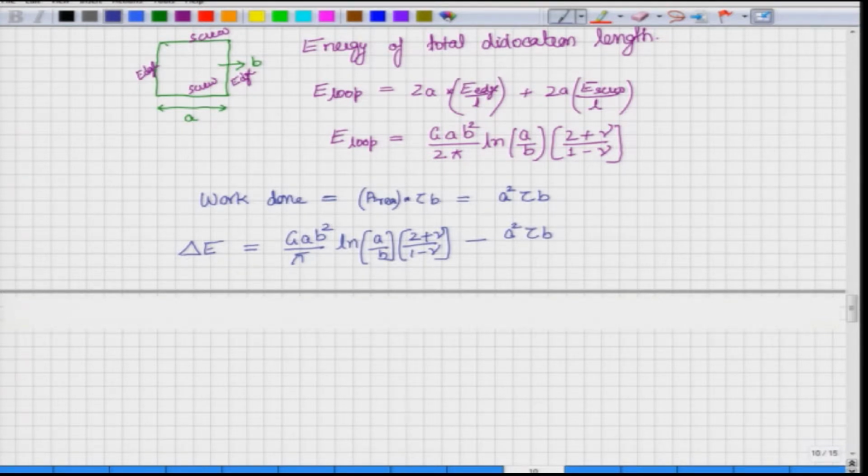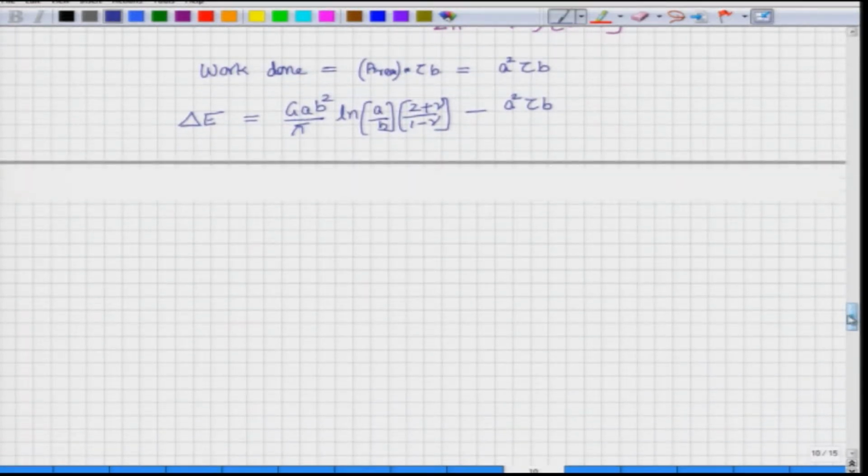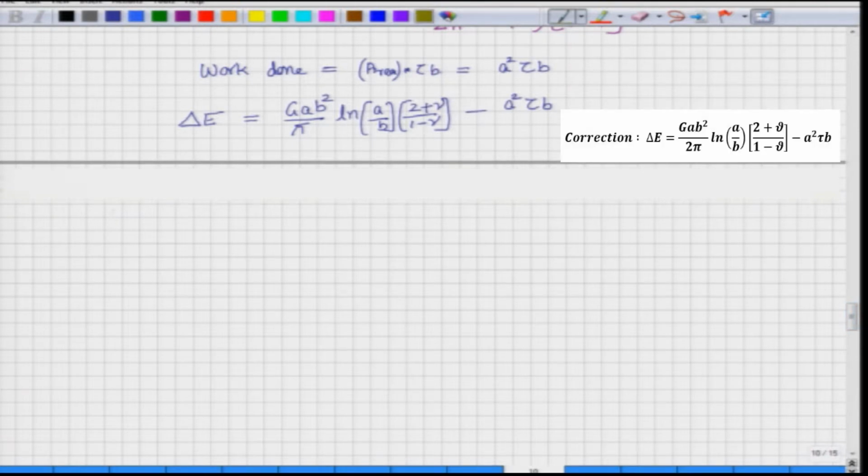So, this is the delta E or the extra amount of energy that must be supplied. Now, this can be looked at in one another way. So, if we are plotting delta E versus A.